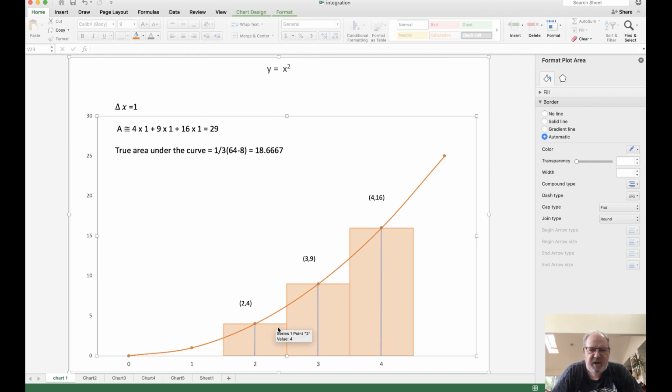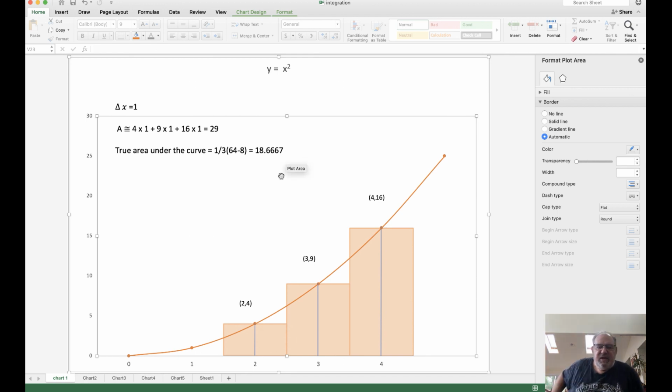And you can see why we have that error, because some of the area under the curve is missing. It's not added in. And we have some area that's not under the curve that's being added in. It turns out that the amount that's added in is larger than the area that's being left out. So that's why our value is bigger than the actual value.